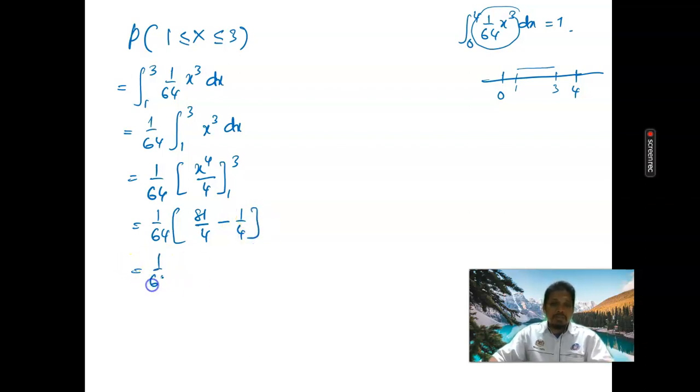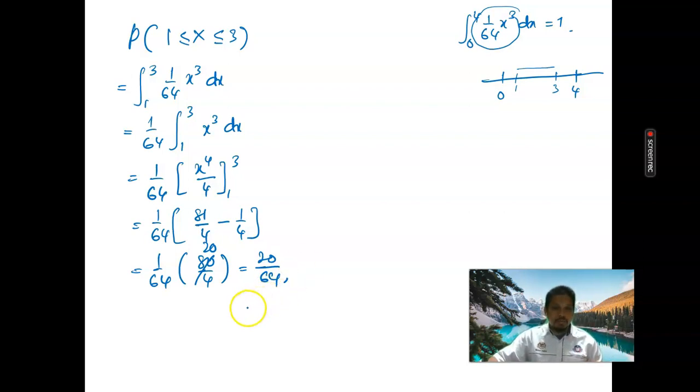Okay, 1 over 64, 81 minus 1, 80 over 4. 80 divided by 4 is 20. So 20 over 64, equal to 5 over 16.